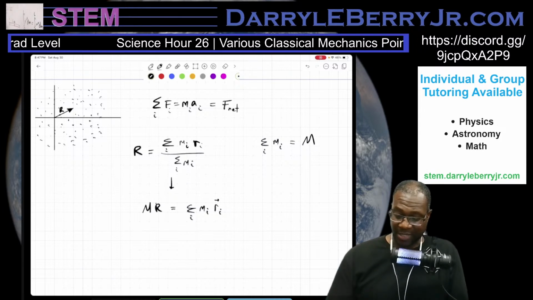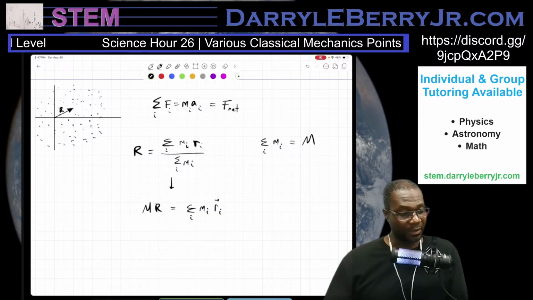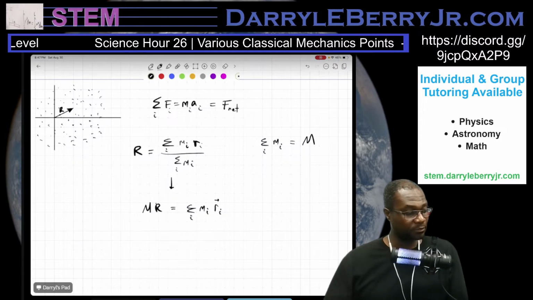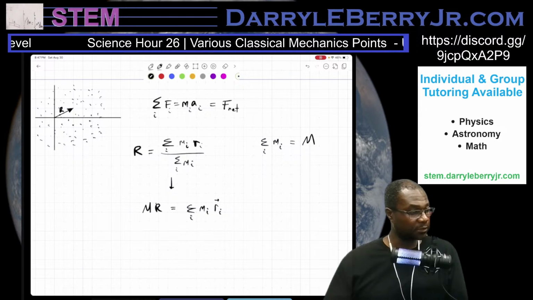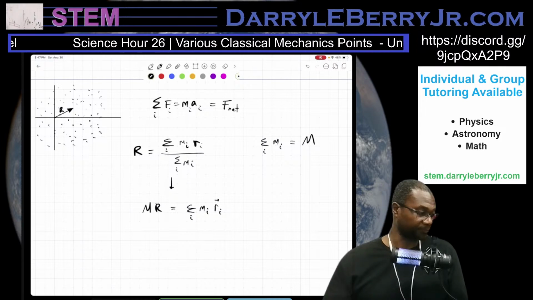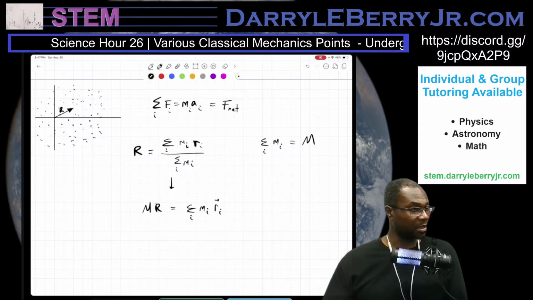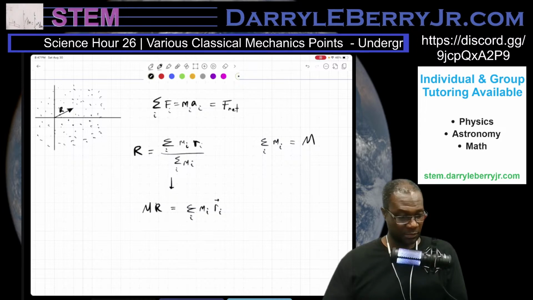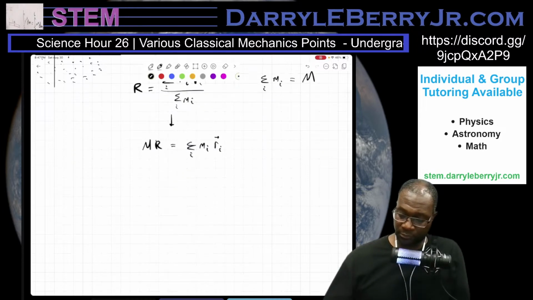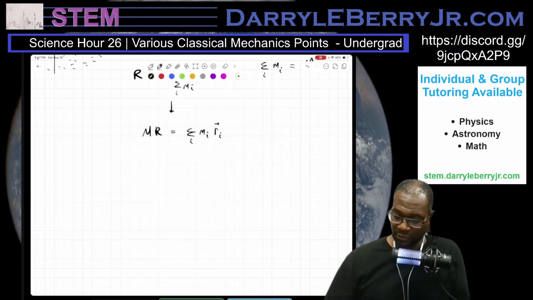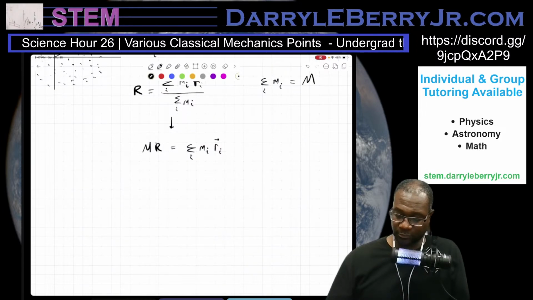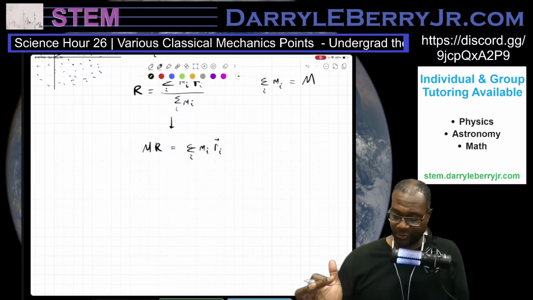So what this allows us to do is simplify F equals ma to take into account the full system. If I was to write this out for you all, let me recall, and I may actually just pull up my other notes.